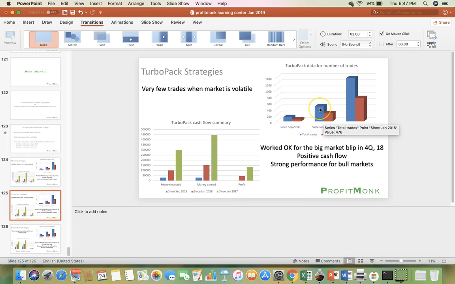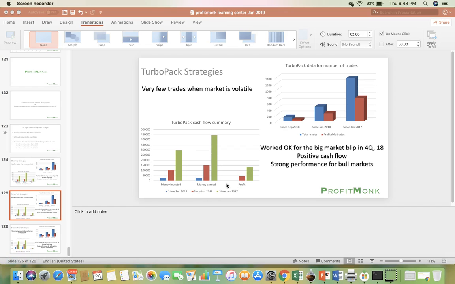Since January 2018, about 476 trades made, and out of which 255 were profitable. And the profit is actually quite good. It's about $46,000 since. So yeah, I just confirmed it.